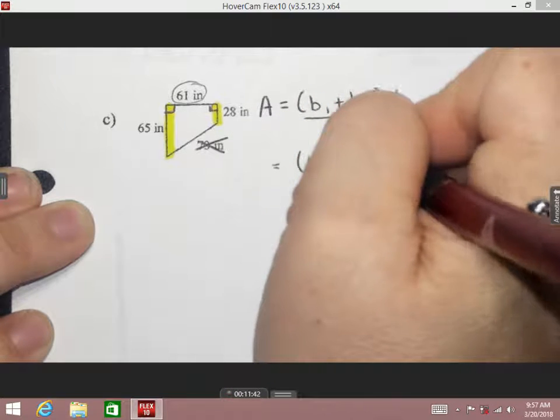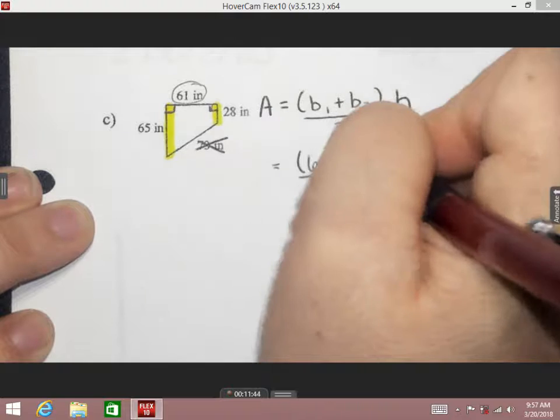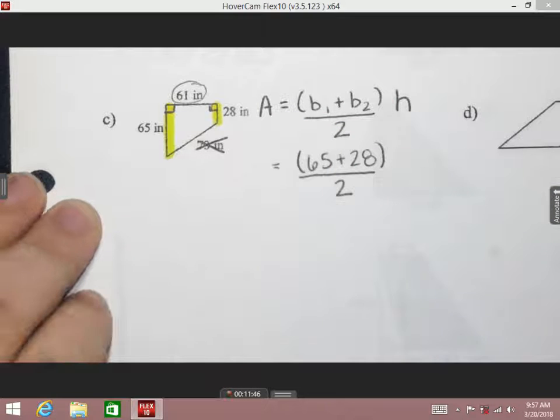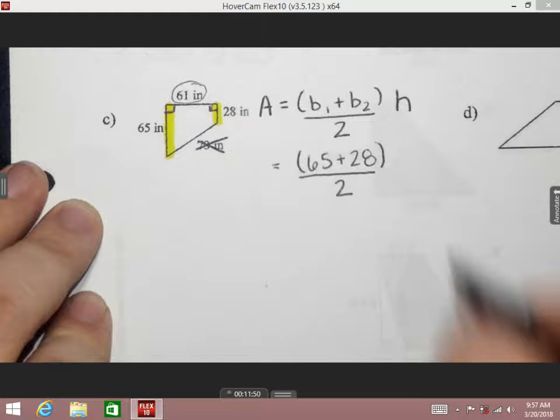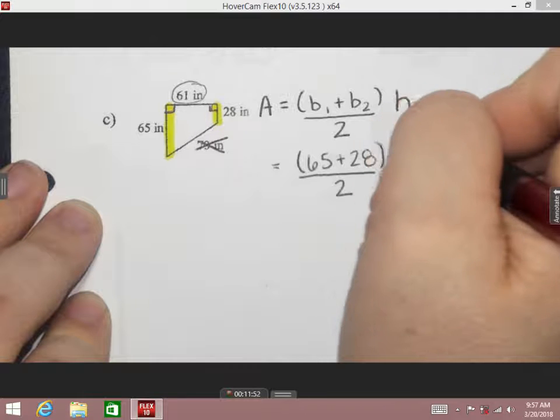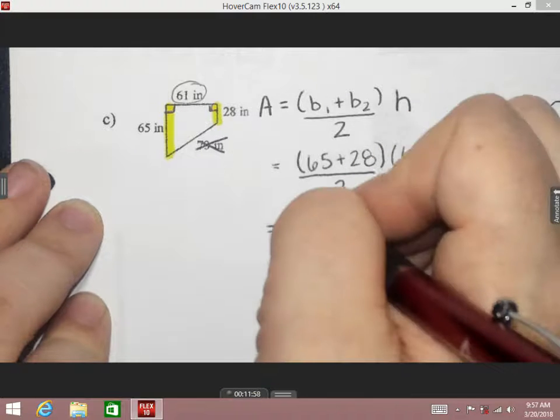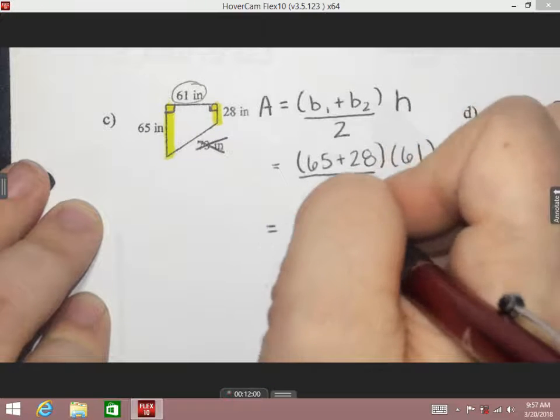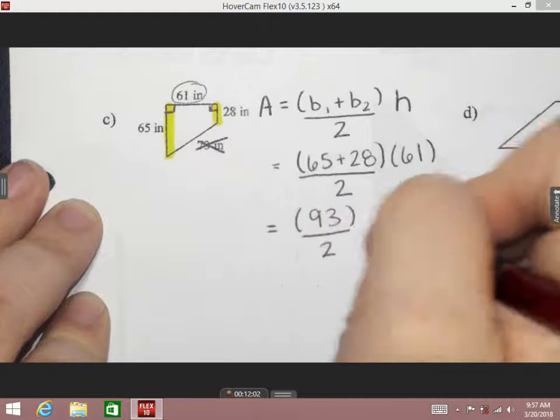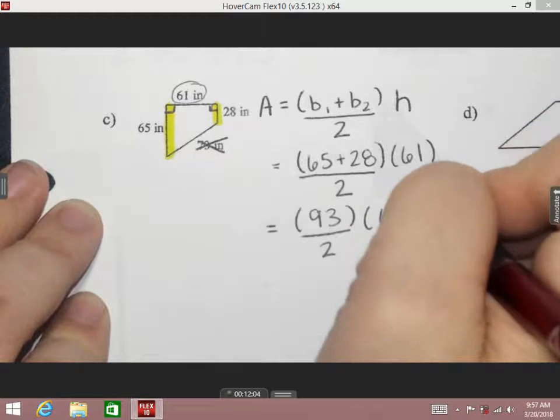And again, you can write that in the other order. You can do 28 plus 65 divided by 2. And what was my height that we definitely decided on? 61, because that's going straight across. Okay, so in the parentheses, 65 plus 28, what does that give me? 93. And then we have divided by 2 times 61.